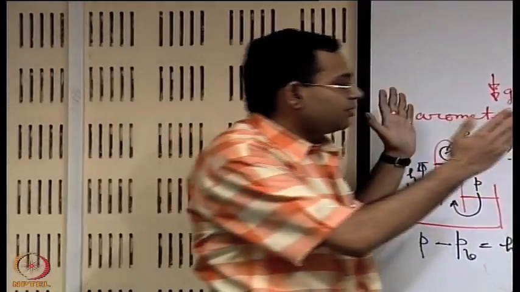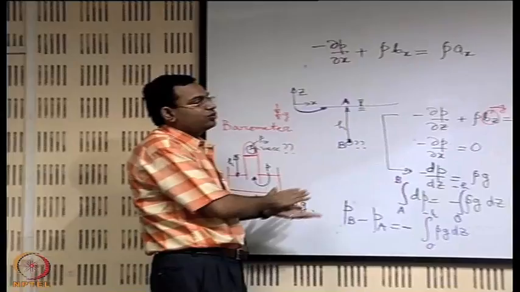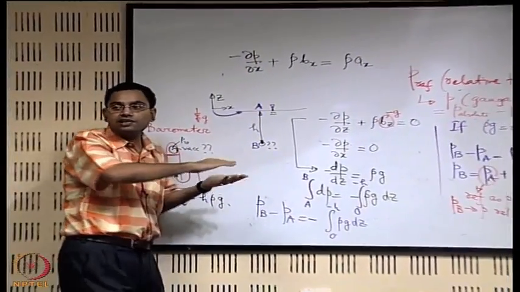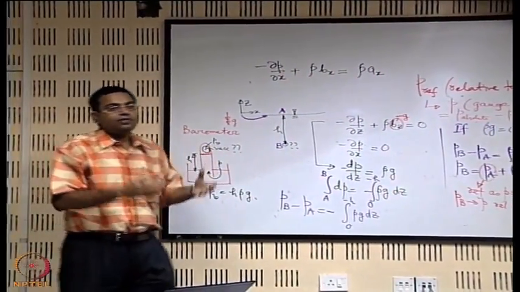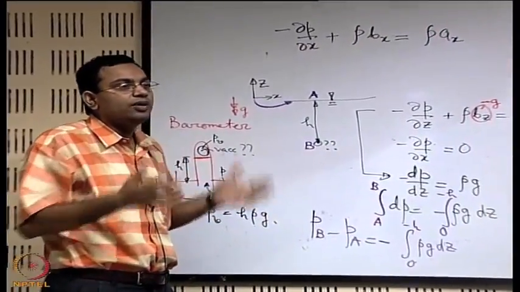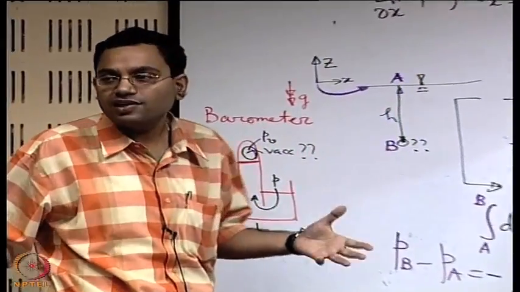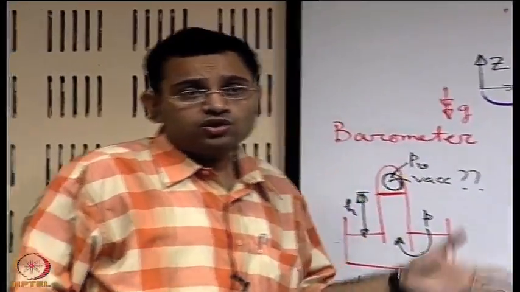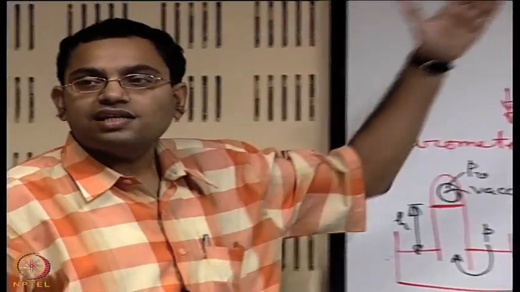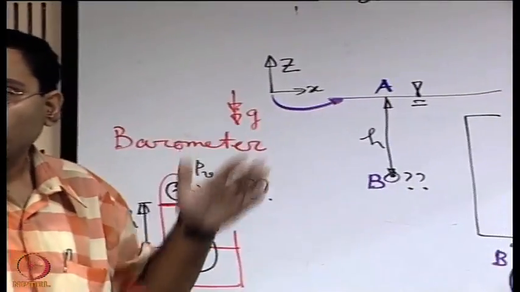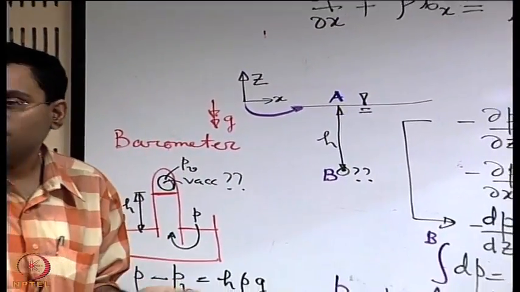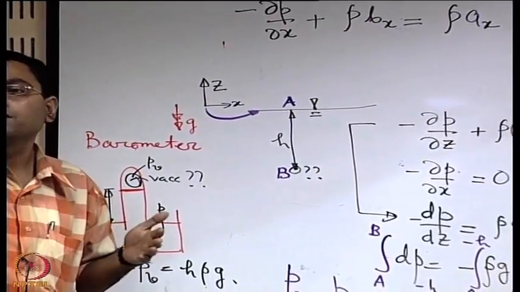Now we have found a way to estimate the variation in pressure because of a body force which is acting, for a fluid element which may be at rest or subjected to acceleration. So we will utilize this principle to calculate two important things. One is, if there is a plane surface immersed in a fluid, what is the total force on the plane surface because of the pressure distribution.